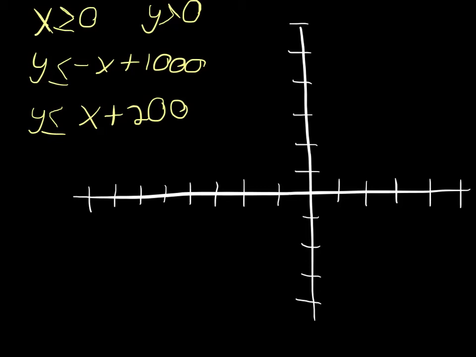The X is greater than or equal to 0 and Y is greater than or equal to 0 don't actually show up on the graph, so you don't need to physically graph those.